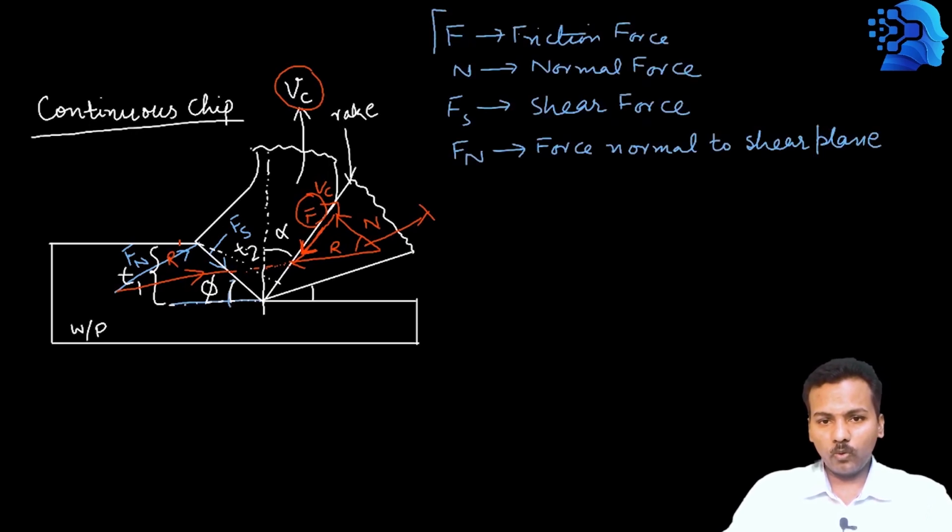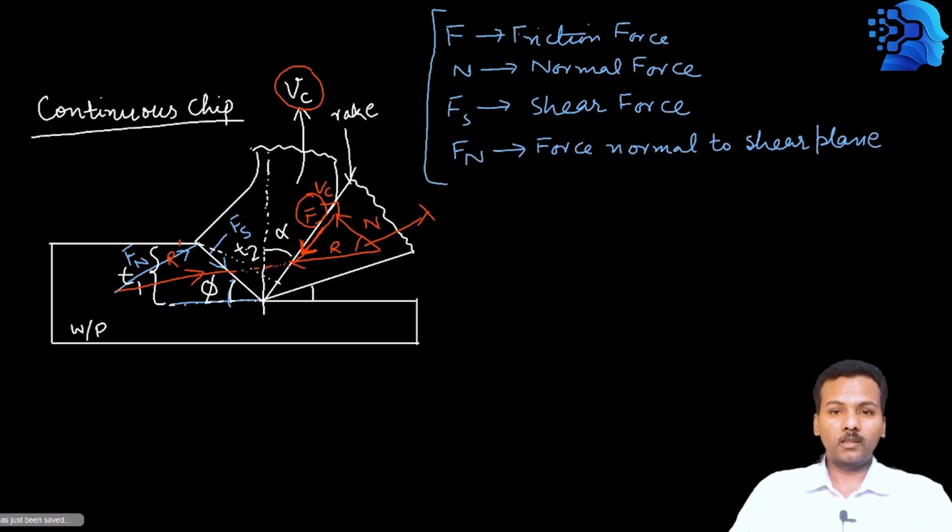These all four forces vary because the inclination of the shear plane as well as the rake angle vary due to the change in the cutting condition and the geometry of the tool. Therefore, there must be some other forces that remain invariant, that remain constant throughout the machining process.